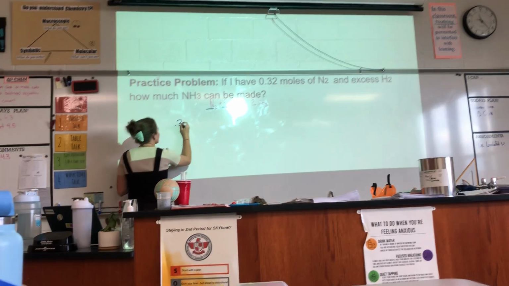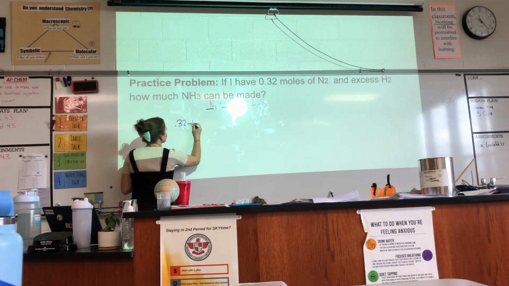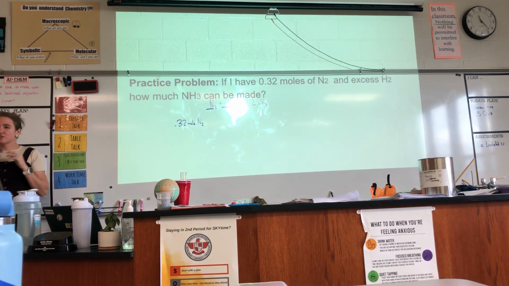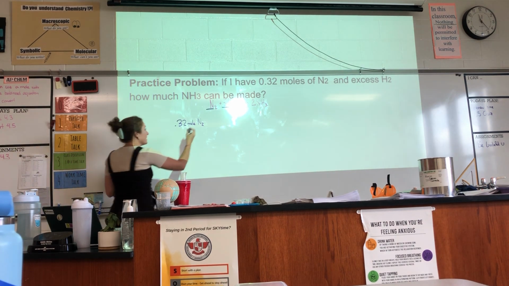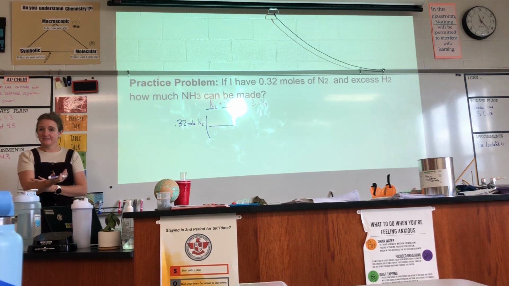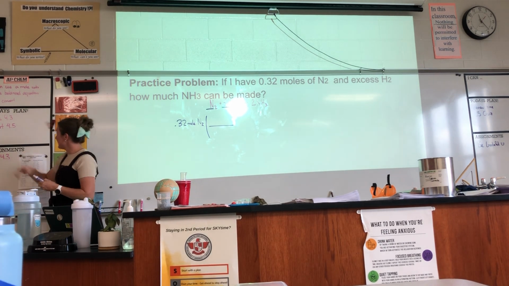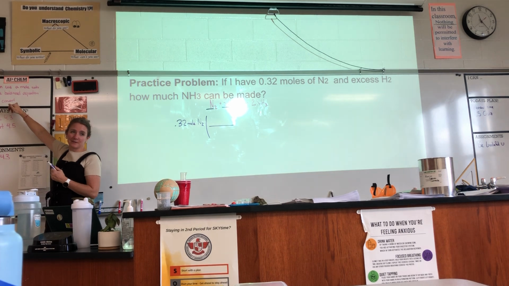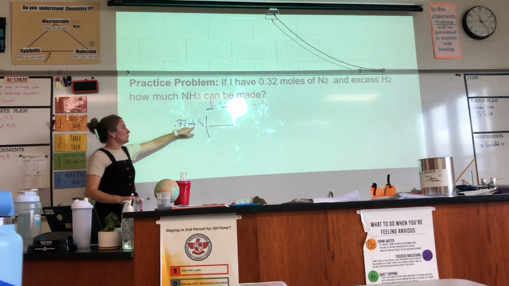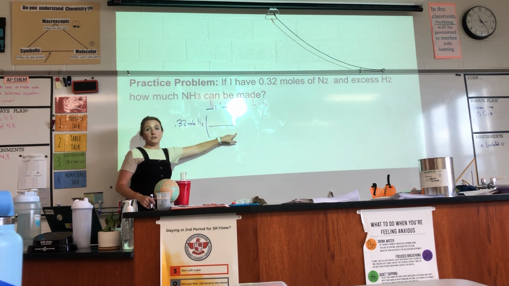So we're starting with 0.32 moles of N2. So start with what you know. Now the idea is we want to get to moles of NH3. So we're going to be doing lots of conversions today, similar to what we've done before with a little bit of a twist, but still the idea of conversion. So when I'm converting, whatever unit is here should be the unit on the bottom.